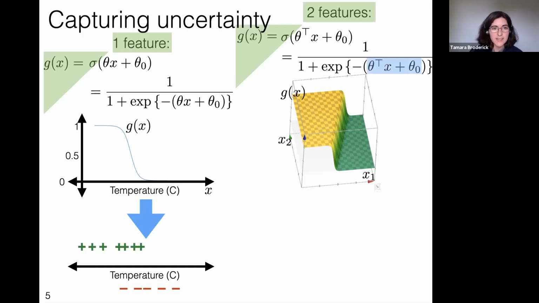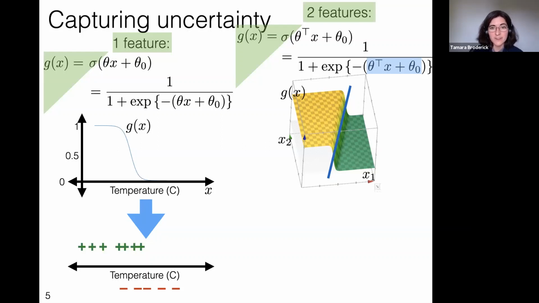So first of all, this looks very familiar again, theta transpose x plus theta naught. What do we know about this function? Well, when theta transpose x plus theta naught is equal to 0, that's a line. At the same time, when that's equal to 0, we just said that g of x equals 1/2. So theta transpose x plus theta naught describes the line where g of x is equal to 1/2.